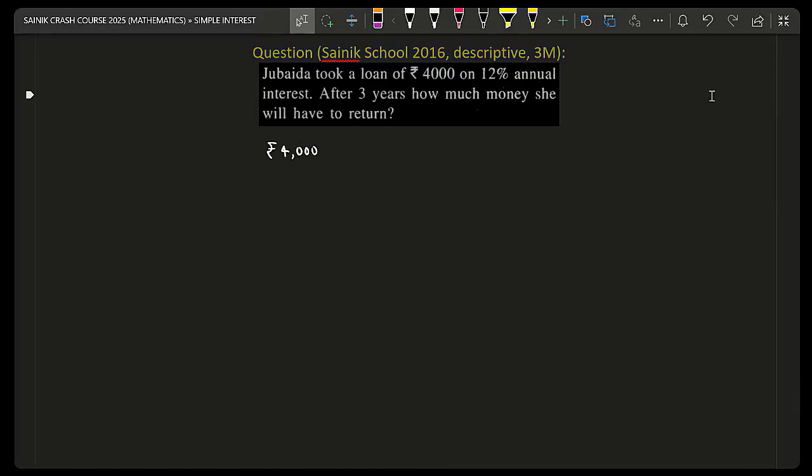Zubaida took a loan of 4,000 on 12% annual interest. After 3 years, how much money she will have to return? What is this 4,000 rupees? Sir, principal. Principal is 4,000 rupees. And what is this 12%?